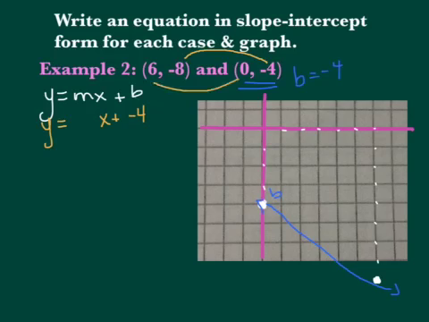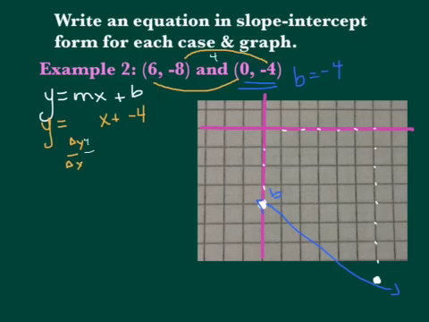How far did the y's change? In this case, we've got delta y, delta x. Okay, you want to know that the y's are changing from -8 to -4. They went up 4. And the x's from 6 down to 0, they went down 6.